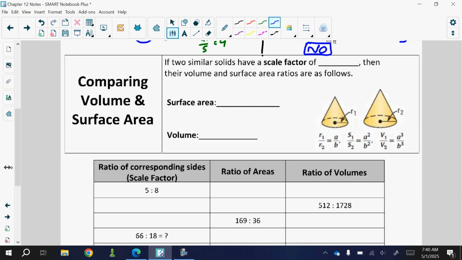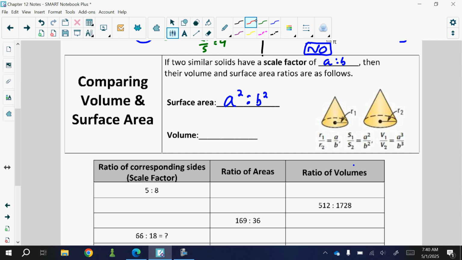So if two similar solids have a scale factor of A to B, then their volume and surface area ratios are as follows. We've looked at this before, but we weren't talking about surface area. We were talking about area of the entire shape, which was A squared to B squared, and it's the same for the surface area of a solid.